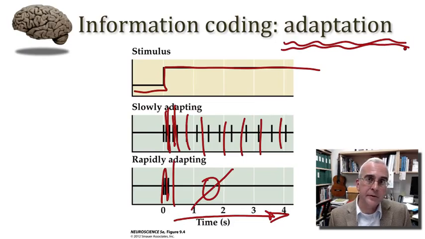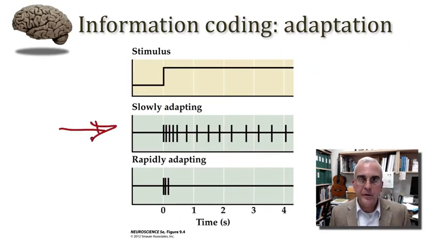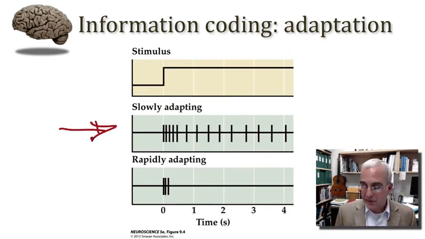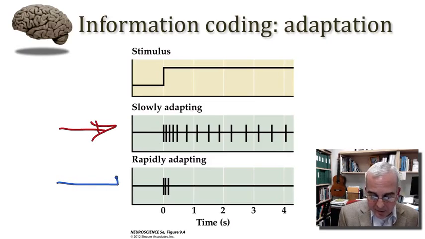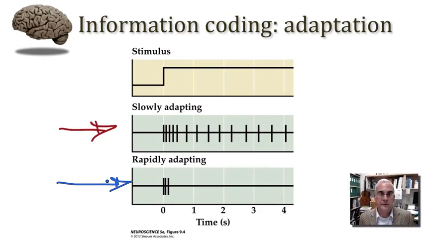So some receptors adapt rapidly and others adapt rather slowly, and this has consequence for the communication of information from our sensory surfaces into our nervous system. You can imagine that the slowly adapting types of receptors might be very useful for telling us about the persistent presence of a stimulus, whereas the rapidly adapting sorts of receptors might be quite good at telling us about the dynamic changes in the presence of a stimulus.